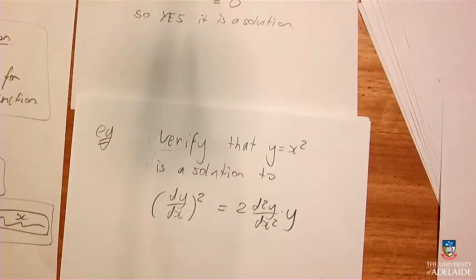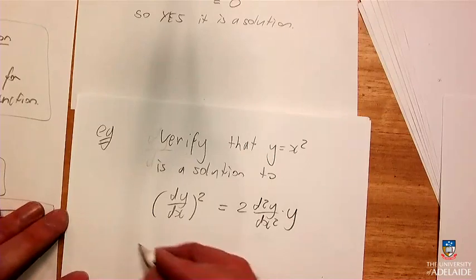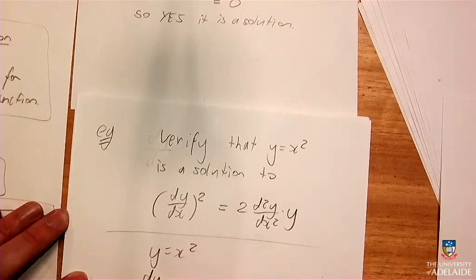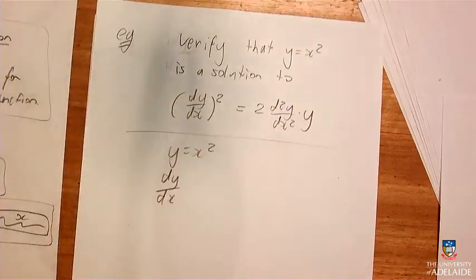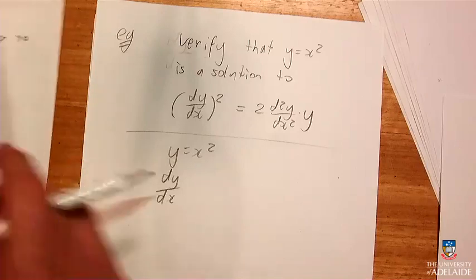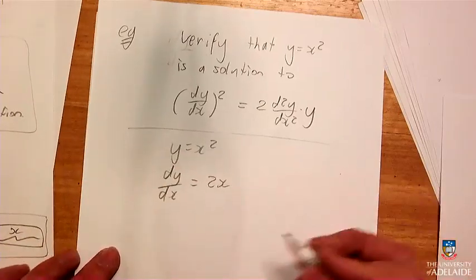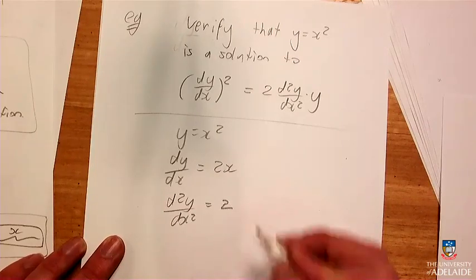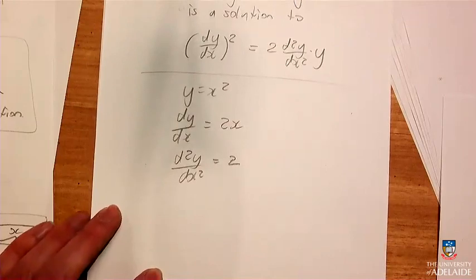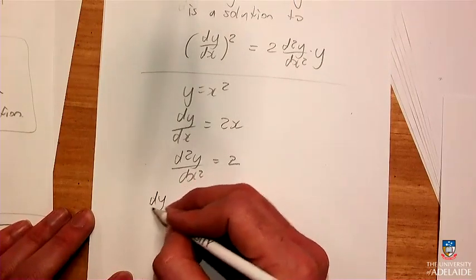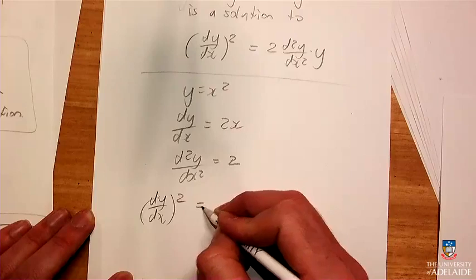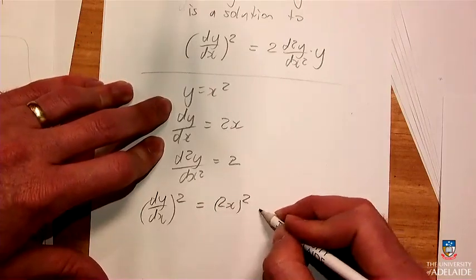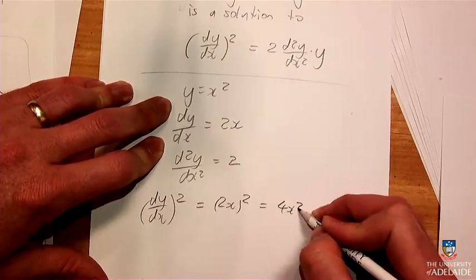Okay, so I can always check, and I'll check. So I will figure out what these things are. dy on dx is 2x, and d squared y on dx squared is 2. Okay, so dy on dx squared is 2x squared, which is 4x squared.